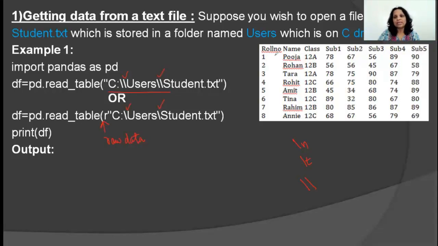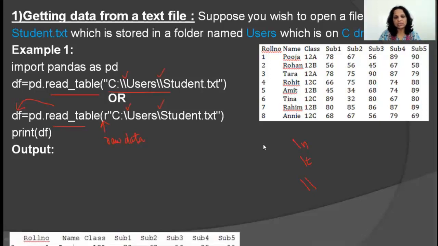And finally, when I say print, so I've got the contents from that file. And what is the name of the function I'm using? I'm using a function named read_table of the pandas module. Okay. And whatever is the content of the text file now comes into your data frame named df. Okay. And how do you expect to see the data frame?